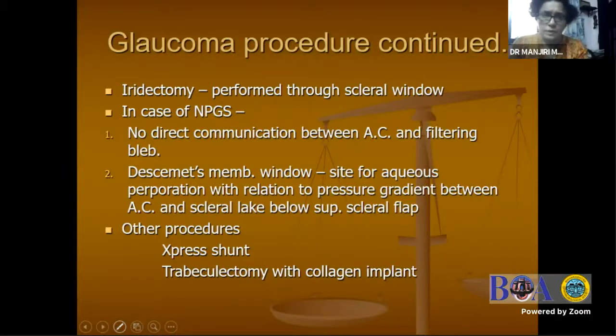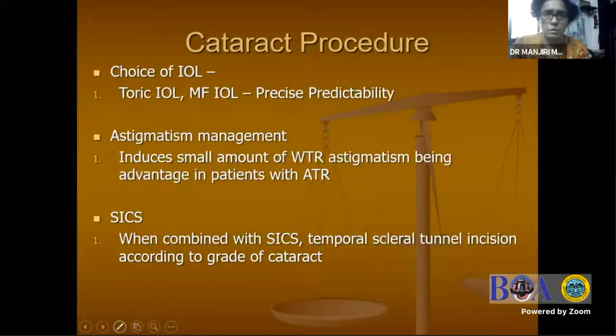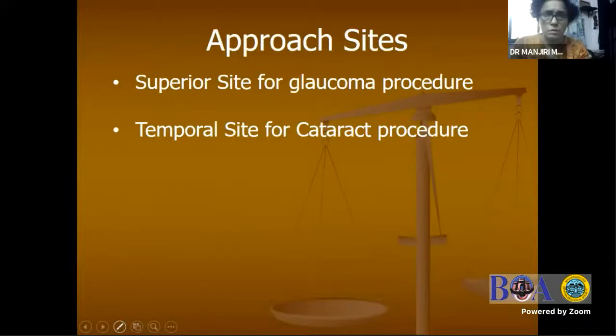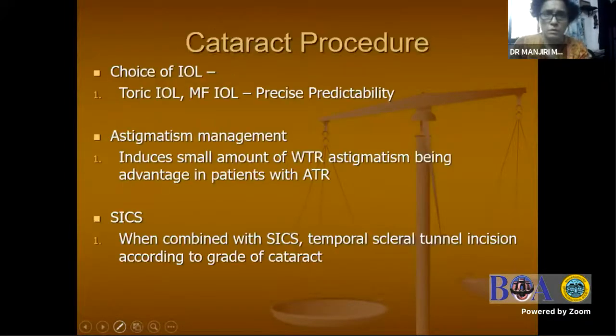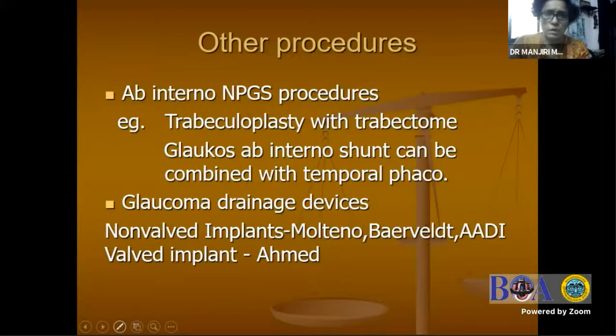Other procedures you can combine with are express shunts and trabeculectomy with collagen implant. Other ab interno NPGS, MIGS procedures also can be combined.